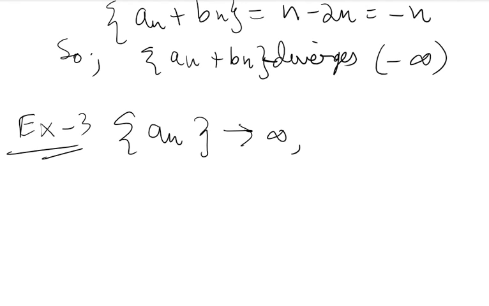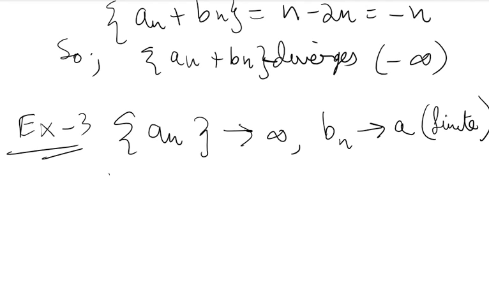Otherwise we won't get the third example properly. bn is tending to some finite point a. It's not tending to infinity, it is tending to some finite point a.